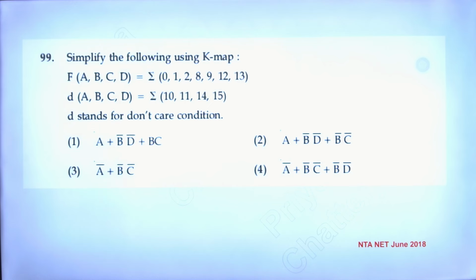Here D means don't care. Don't be confused. D means here don't care. In these values you can put a cross. After that you can make the grouping.